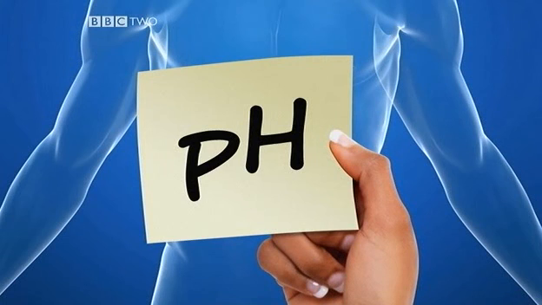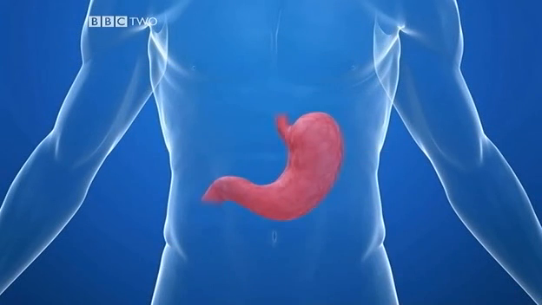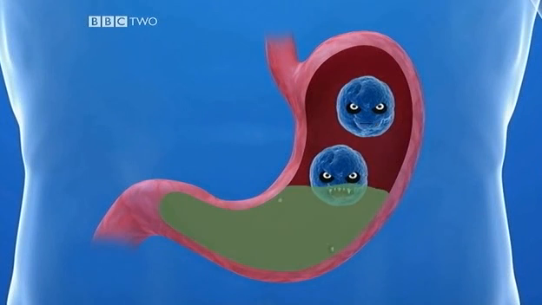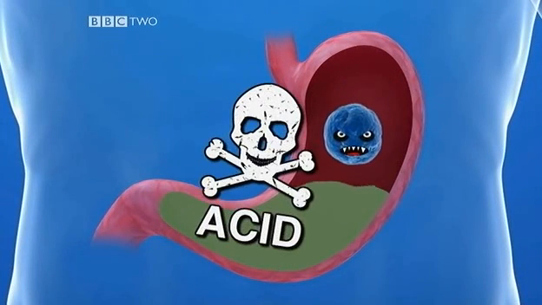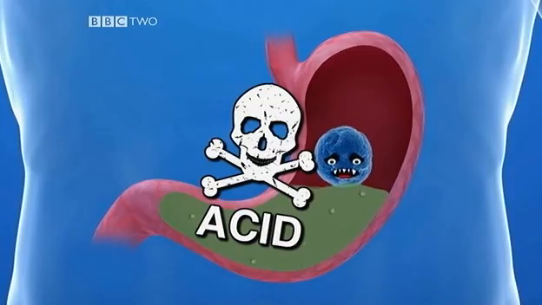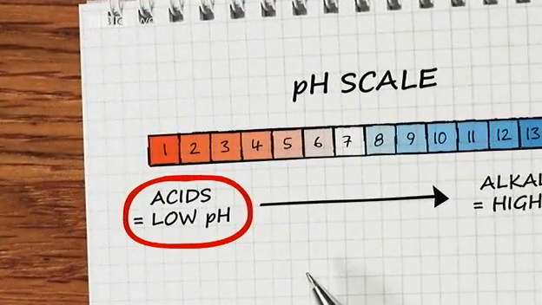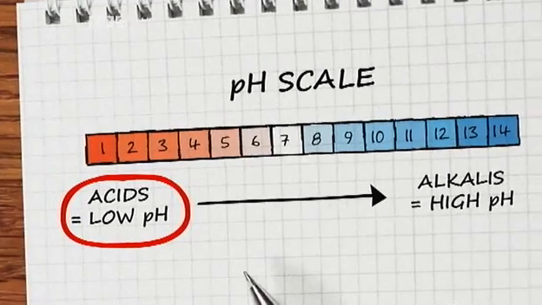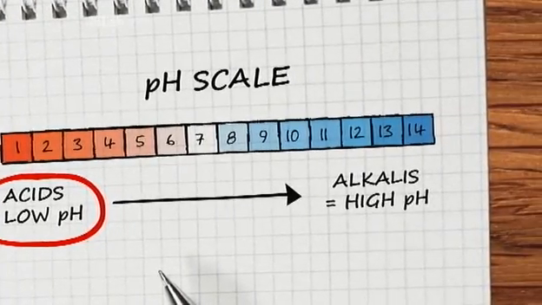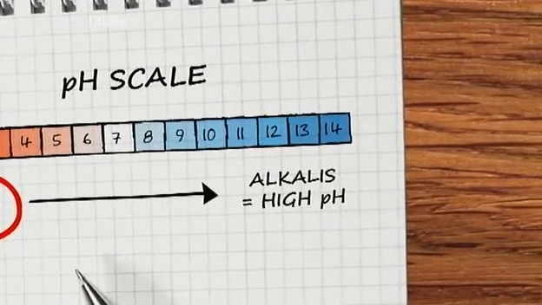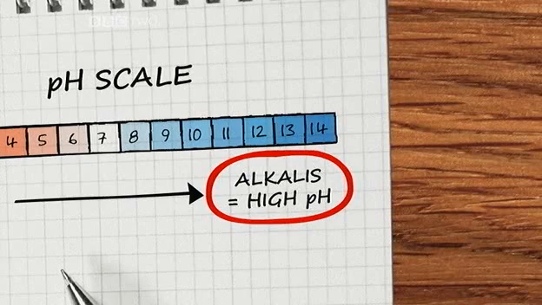Different enzymes work best at different pH values. The stomach produces hydrochloric acid to begin digestion and to kill harmful microorganisms too. The stomach is a very acidic environment. So it's no surprise that enzymes in the stomach work best at low pH values. Food travels from the stomach into the small intestine where it's all change, because the enzymes here work best in alkaline conditions.